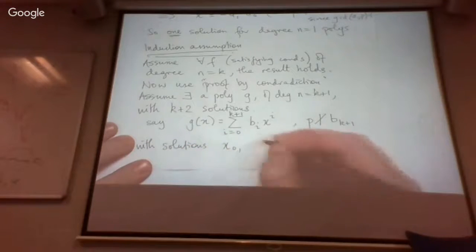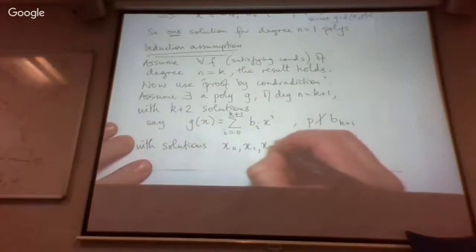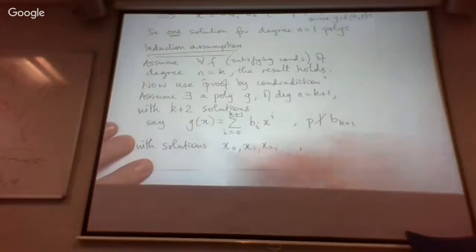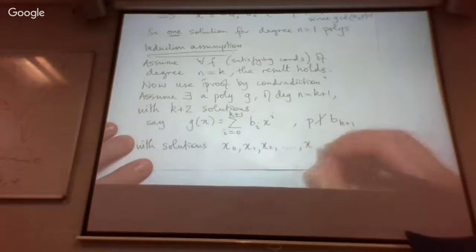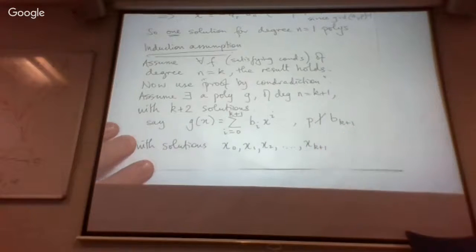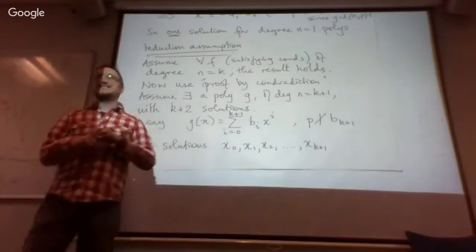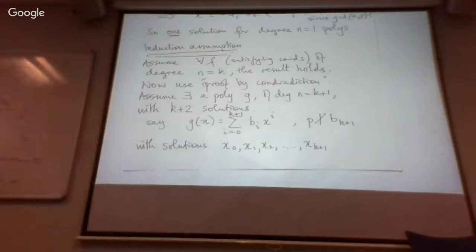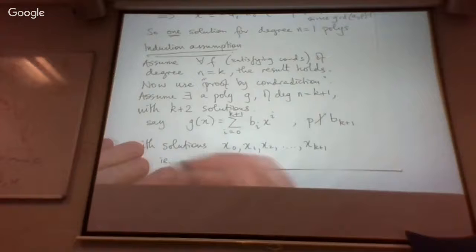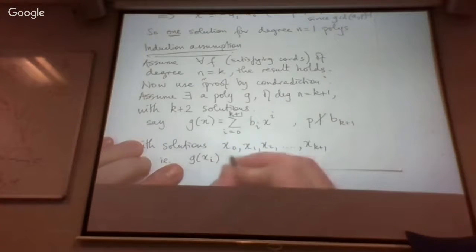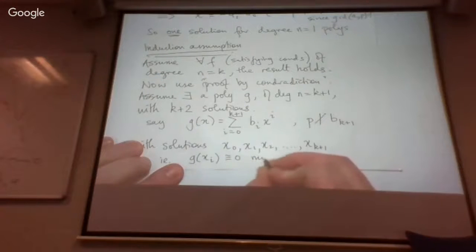We'll indicate them as x0, x1, x2, etc. There's supposed to be k plus 2 of them, so the final one should be indexed k plus 1. So g has these solutions, i.e. g evaluated at x_i is congruent to 0 modulo p.